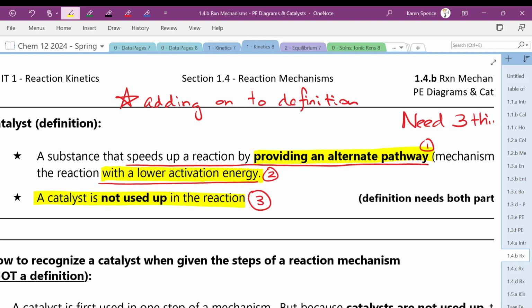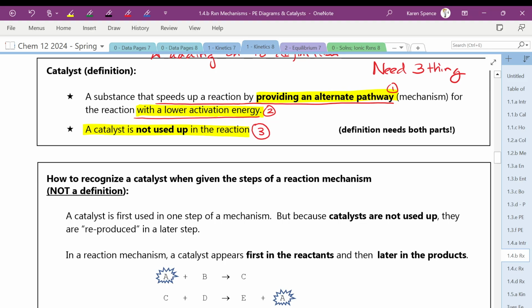So that's important because we can use a really small amount of catalyst to catalyze a large amount of reactant, because the catalyst can be used over and over and over and over. Okay? So how are we going to recognize a catalyst when given the reaction mechanism? Well, you remember how the reaction intermediate was first in the products and then in the reactants? The catalyst is the opposite.